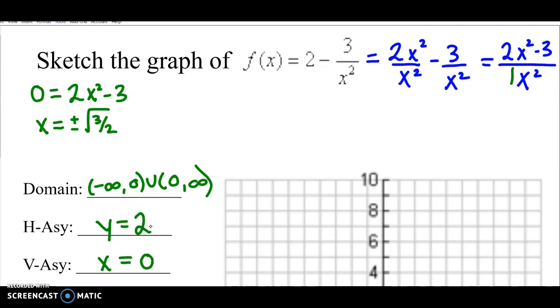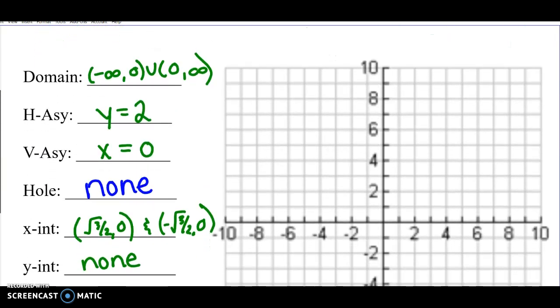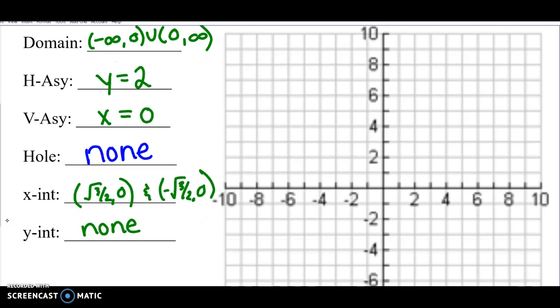Now, we've done everything we really need to here. So we can start graphing the things that we have identified. I'm going to start by graphing my asymptotes. I'm going to make a dashed line, vertical at 0. I have a horizontal one at y equals 2. I'm going to plot my x-intercepts here.